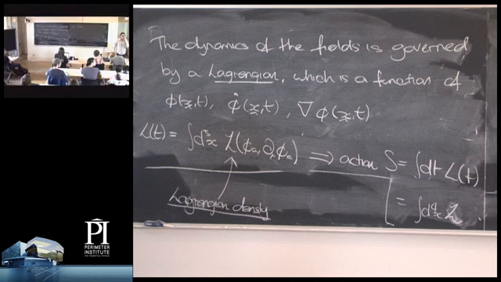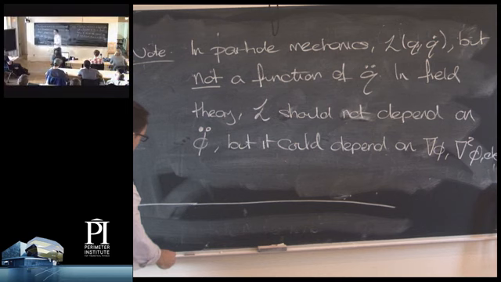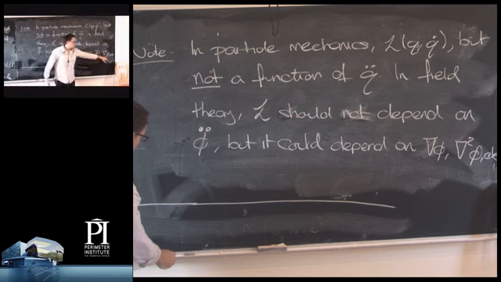But there's no reason, in principle, why it can't depend on second derivatives of spatial derivatives of phi. And there's various cases that you'll come across where the Lagrangians will depend on spatial derivatives of phi. Certainly in condensed matter, where there's no reason that space and time have to be on the same footing. There's no Lorentz invariance. It's not unusual at all to find Lagrangians with these kind of terms.